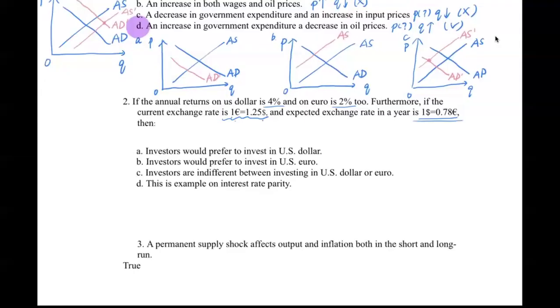So if you want to be consistent and get the correct answer, you need to change it. If you want to change it, it means it's 1 over 1.25, and the other is 1 over 0.7. What is it? Let me use my calculator.